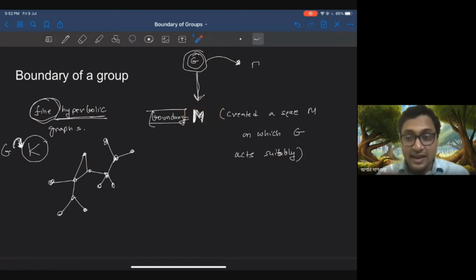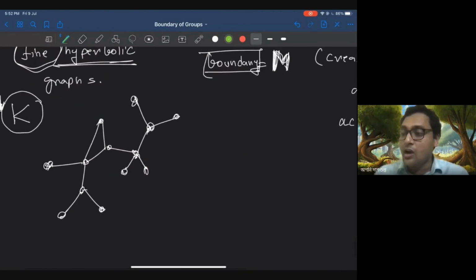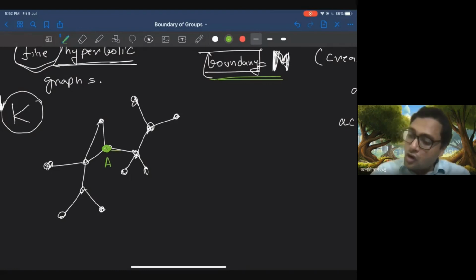And this is very nice. You can sort of imagine what's going on. And I will show you exactly how we are constructing this thing. Take any point A on this graph. And from that point, draw infinite rays that are coming out of this point.